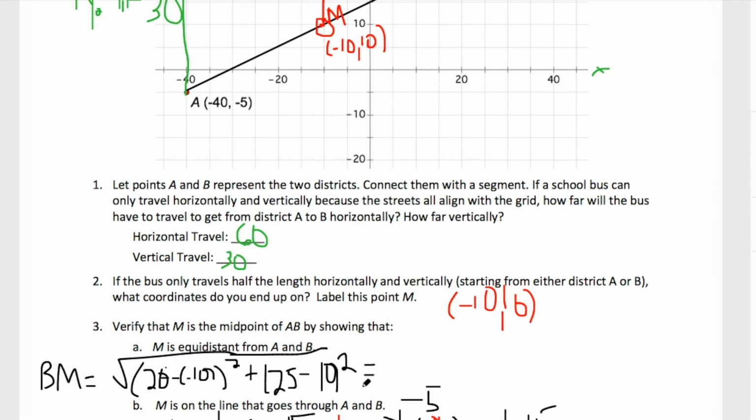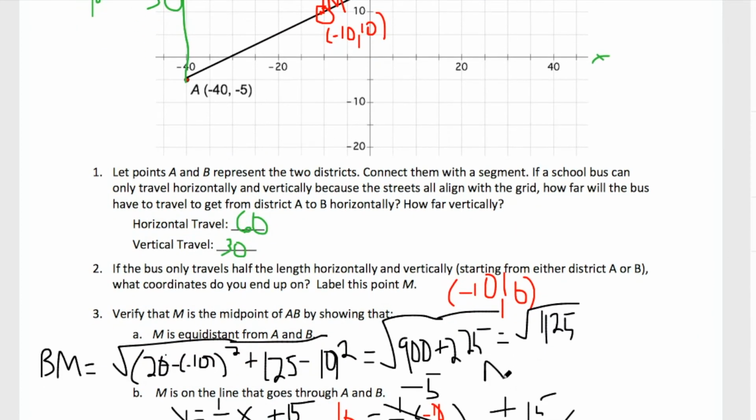All right, so we got 30 squared, which is 900, plus 225, which is 15 squared. 25 minus 10 is 15 squared, okay? So that would be root 1125. And let's see if that matches AB using the distance formula.